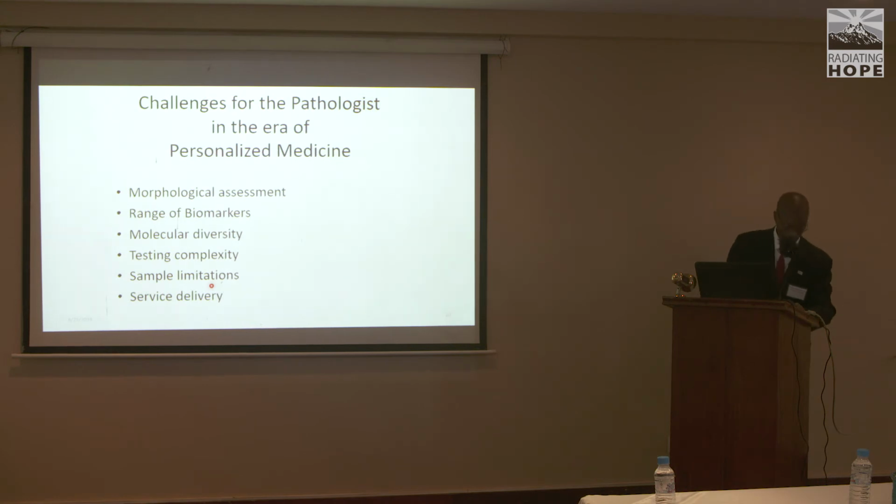So the challenge we are facing in the era of personalized medicine, according to our practice in assessing morphology, should we now have a range of biomarkers according to molecular diversity, testing complexity, sample limitation, and cell-based delivery?